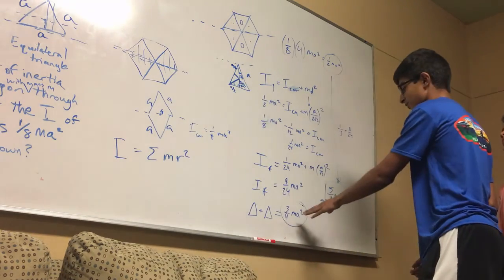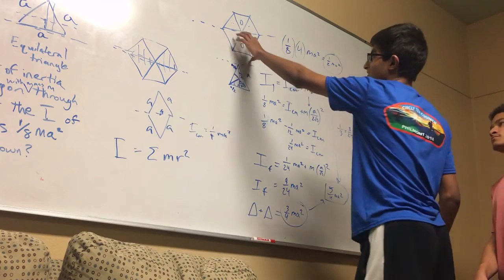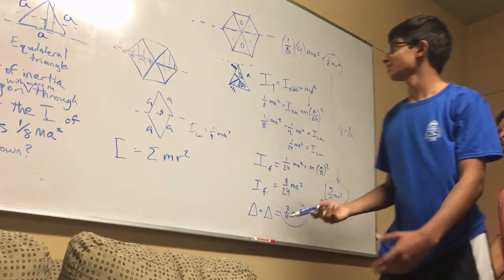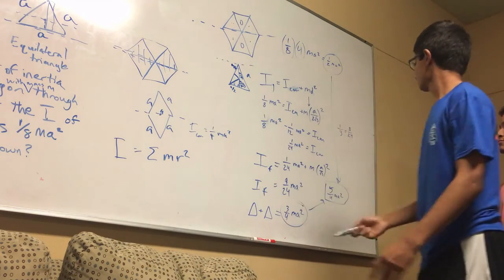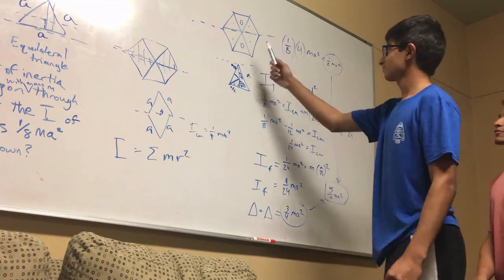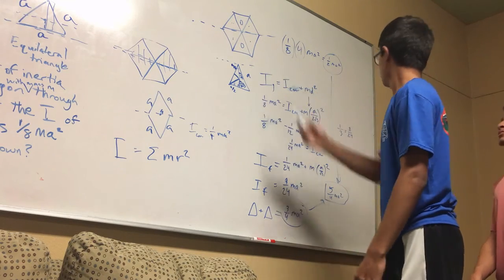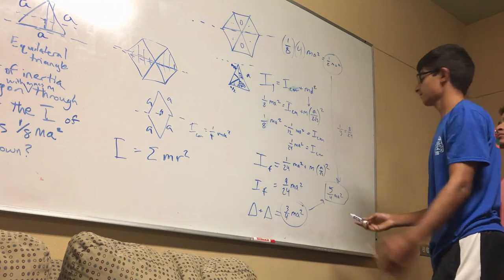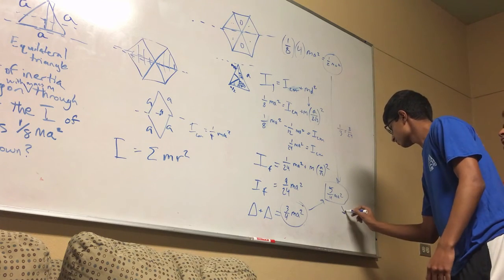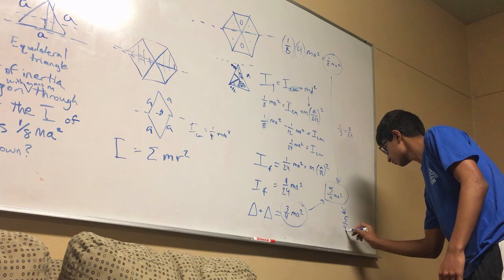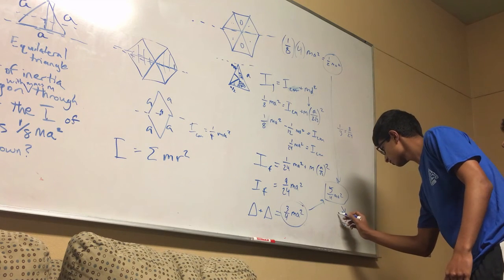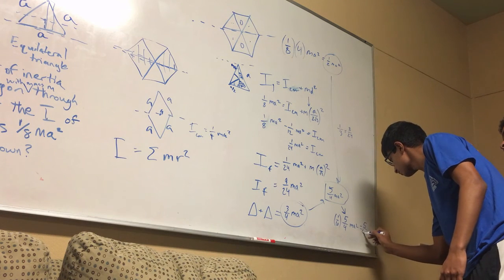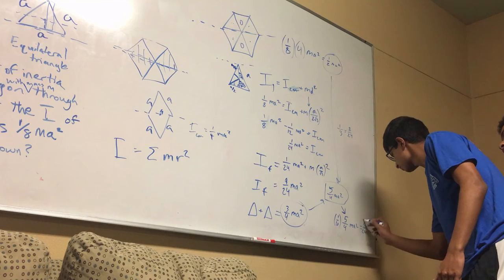So what we just did is add up 6 of those equilateral triangles to get the moment of inertia of this object. If each triangle is of mass m, the hexagon we just calculated has mass 6m. So to get it back to m, we divide by 6. Finally we get 5 over 4 ma squared times 1/6, which equals 5 over 24 ma squared.